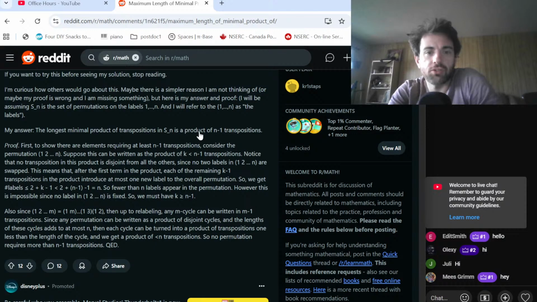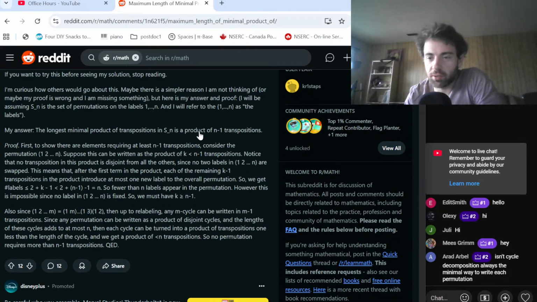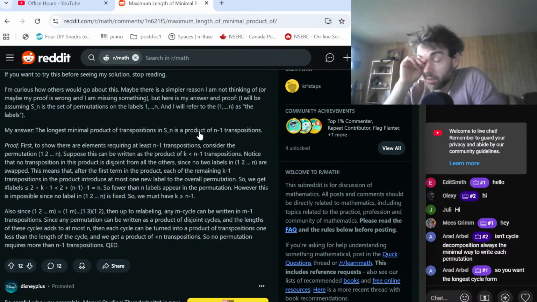Product of n minus 1 transpositions. Right. Nice. Well, I don't know if they're right, but... Hello, Mies Grimm. Isn't cycle decomposition always the minimal way to write each permutation? So you want the longest cycle form? Is it always the smallest?